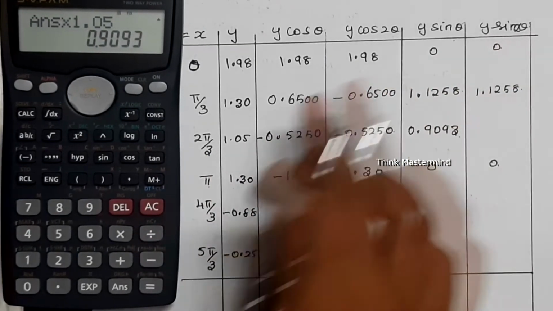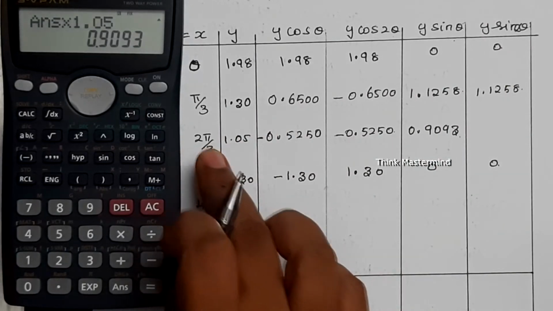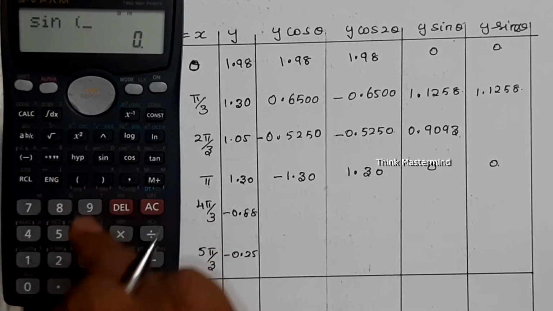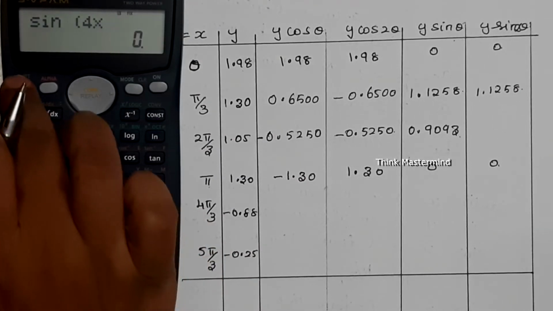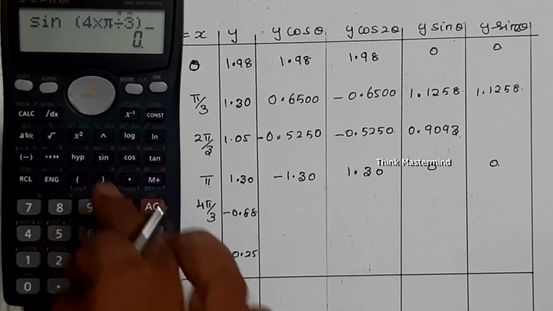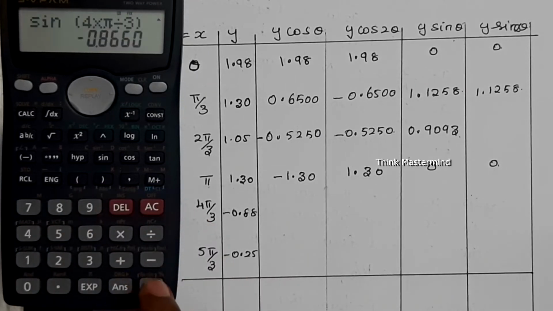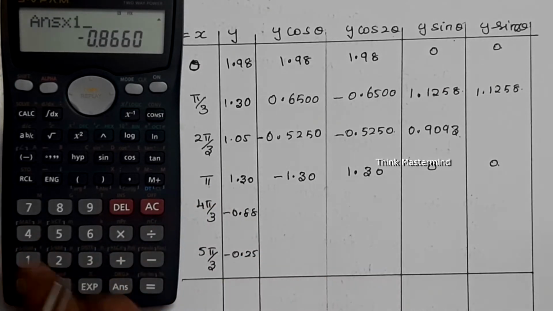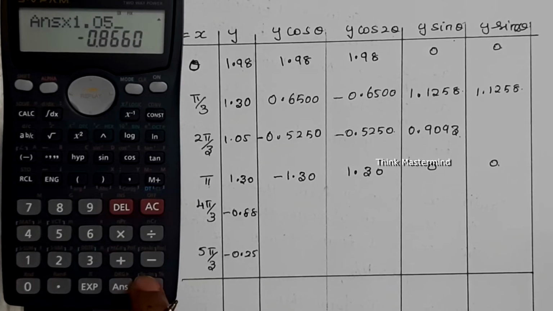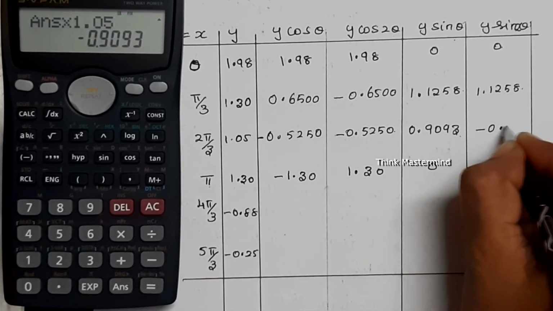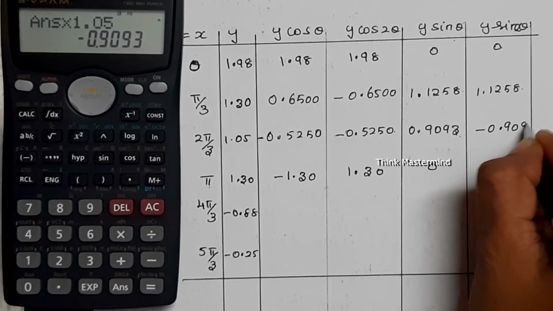Sin 2 theta means sin 4 pi by 3, that is sin of 4 into shift pi divided by 3, into 1.05, the y value, that is equal to minus 0.9093.